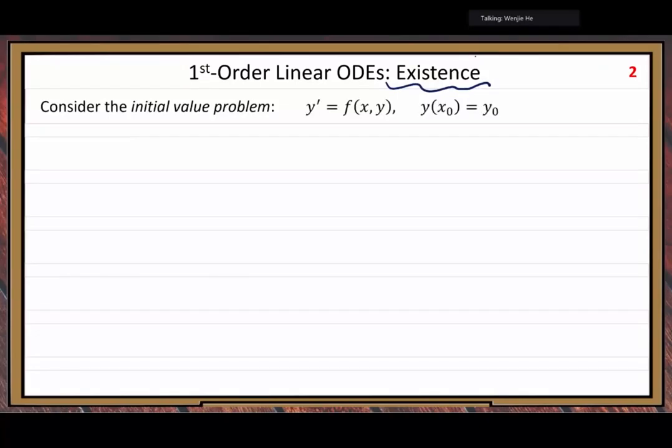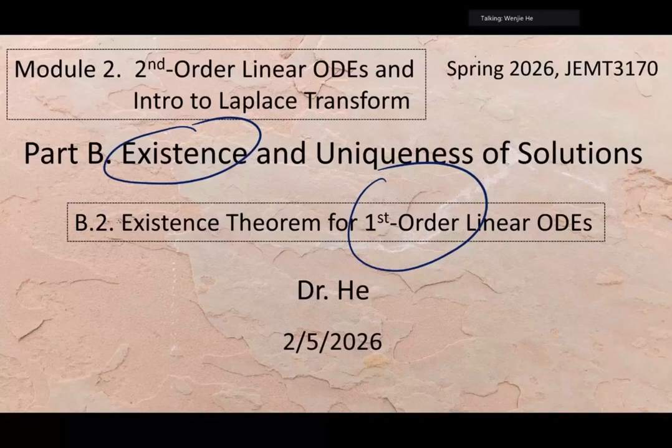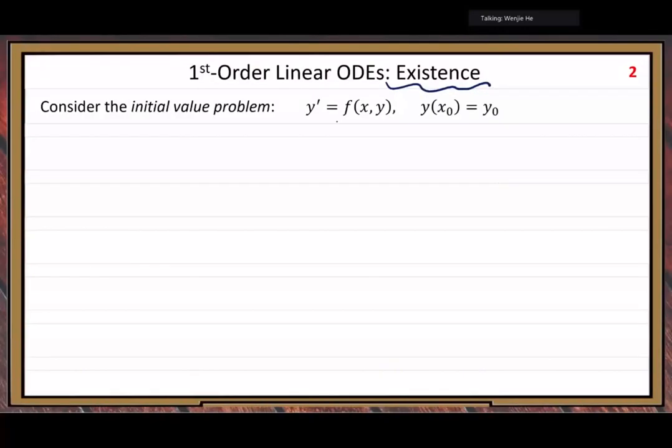Consider the initial value problem y prime equals f function. Let's go back to the previous slide, the title. First order linear ODE, right? But actually here we do not require linear. This function could be an arbitrary function.